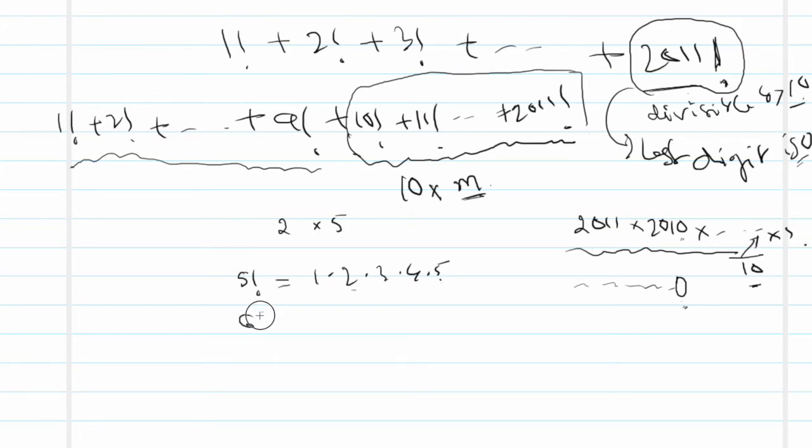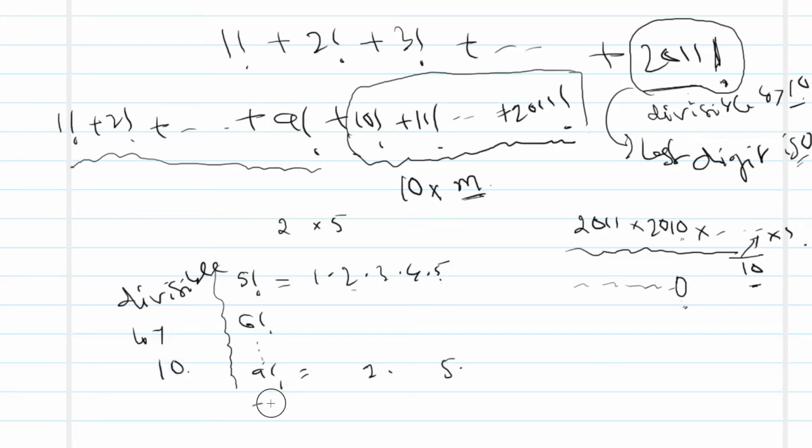So is factorial 6 and so on, up to factorial 9. Because everywhere you will find 2 and also 5. So all these are divisible by 10. Okay, so this also you can remove, right? So what remains is only 1 factorial plus 2 factorial plus 3 factorial plus 4 factorial plus this 5 factorial and so on.